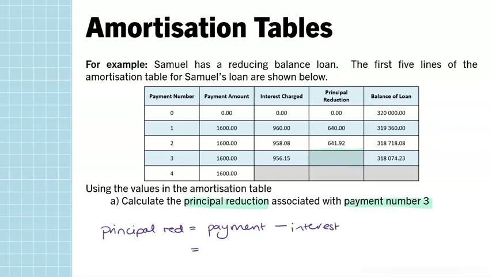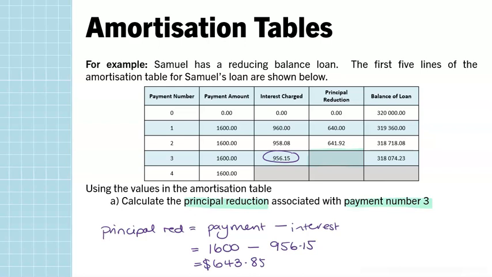So in this case, I know my payment was $1,600. The interest that was charged was $956.15. So that means my reduction in this case is $643.85.